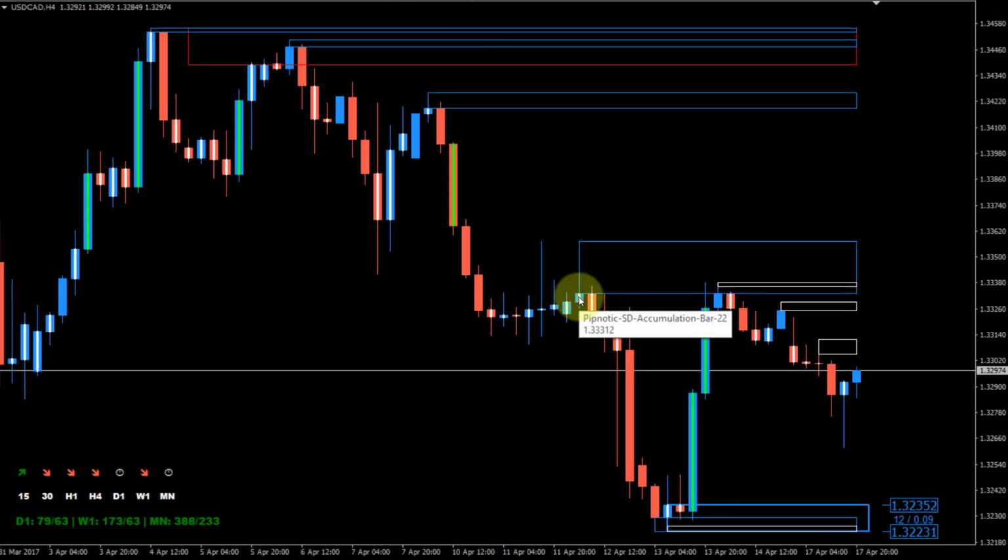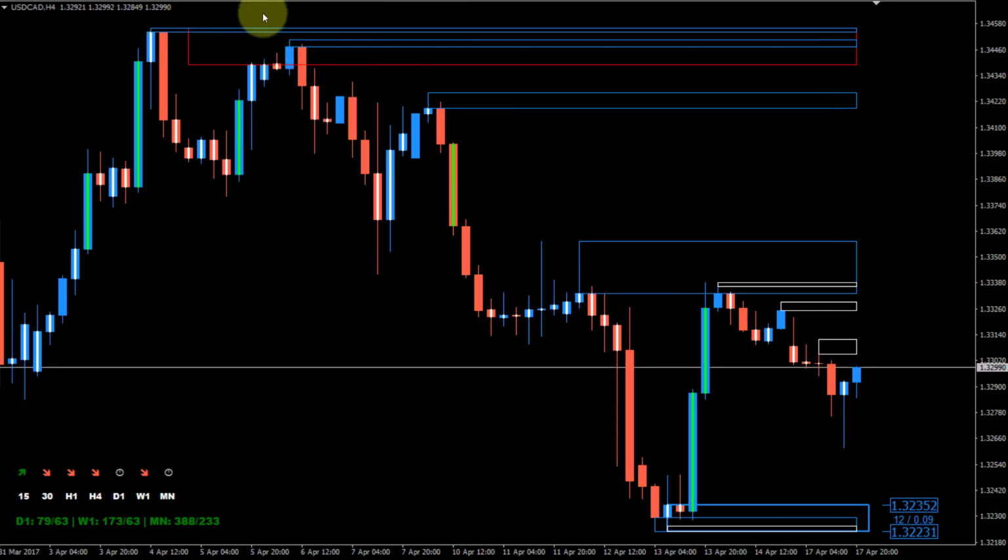If you just have a line here, which would have been the daily area of supply, it doesn't really tell you a whole lot about where it starts and where it stops. Well, sorry, you can see it starts here, but you don't know where it stops. And so by doing it this way, you can see that the daily supply stops here at the high of this candle, which is the highest high in this area of likely daily accumulation. And so that was an important modification to this version of the software.